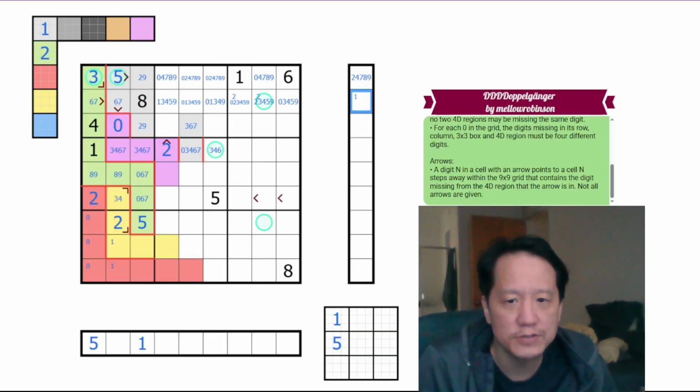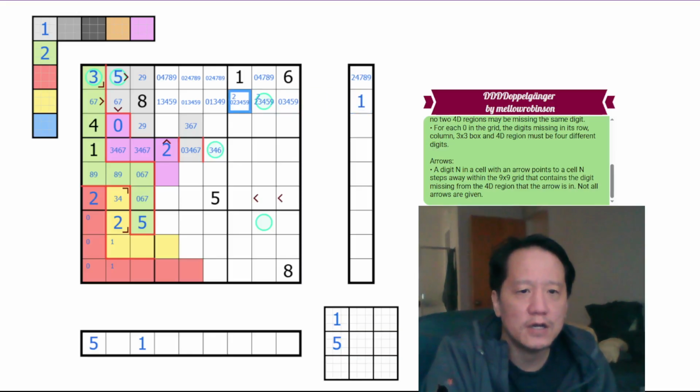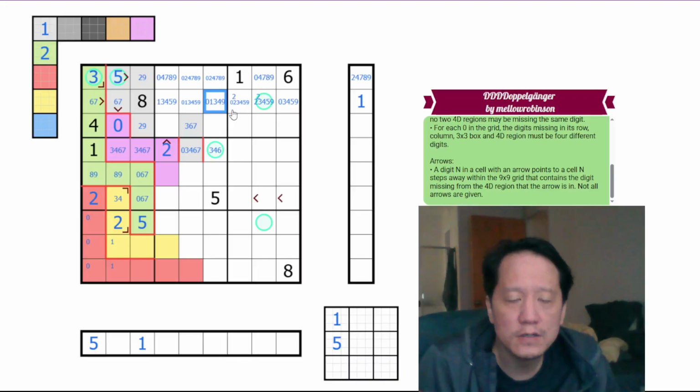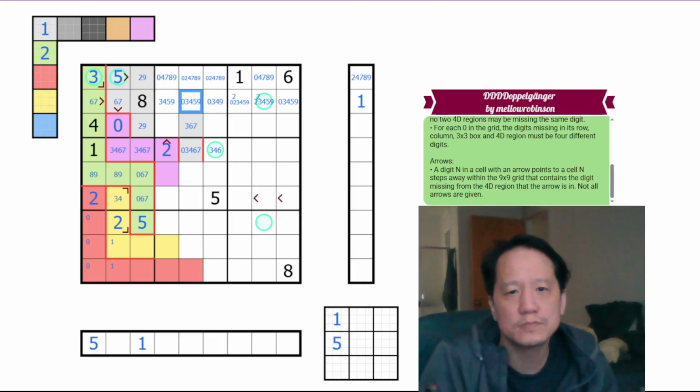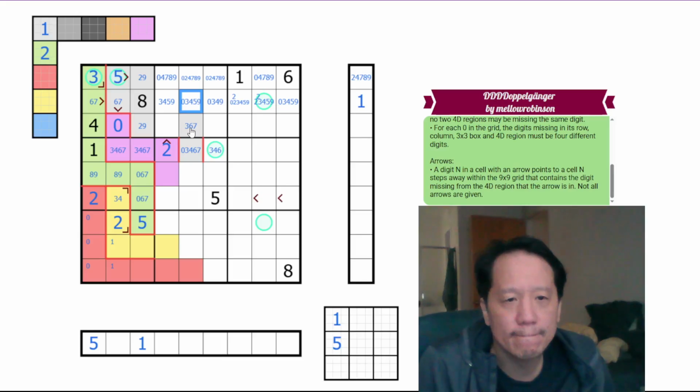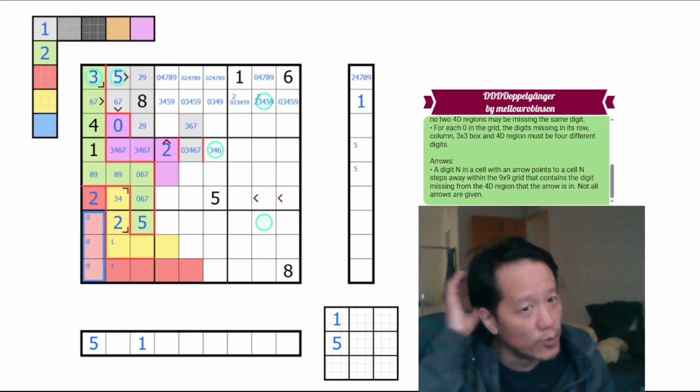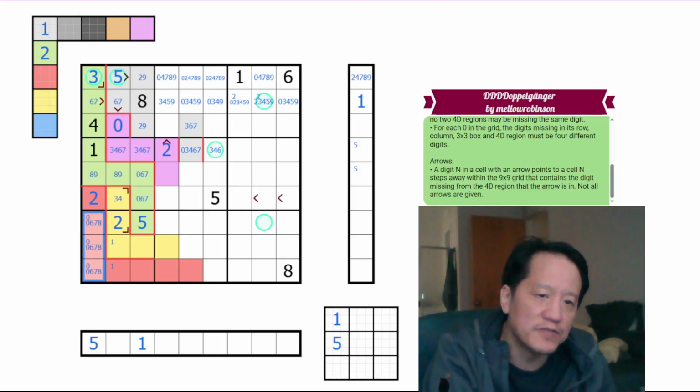So this is not a 1, so this is missing a 1 in row 2. So this cannot be 1 here. We're missing a 5 in either column in row 4 or row 5. Remaining digits of column 1 are 0, 6, 7, 8, 9.